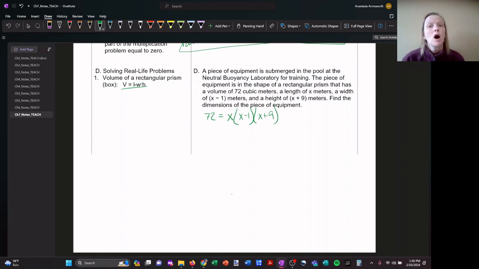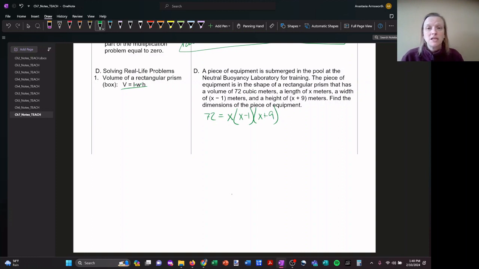Okay, so I want to solve for x so that I can find the dimensions of this piece of equipment. But in order to solve for x, in order to solve a polynomial, I need to have my polynomial set equal to 0. I can't solve it unless it's equal to 0.